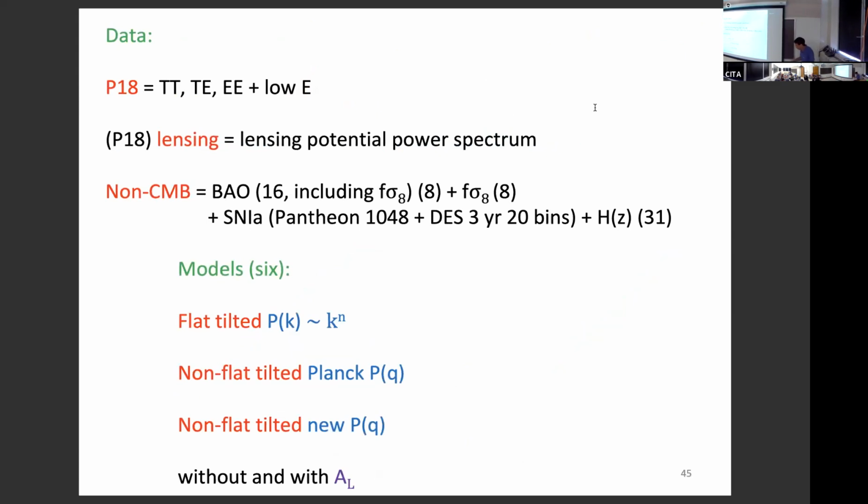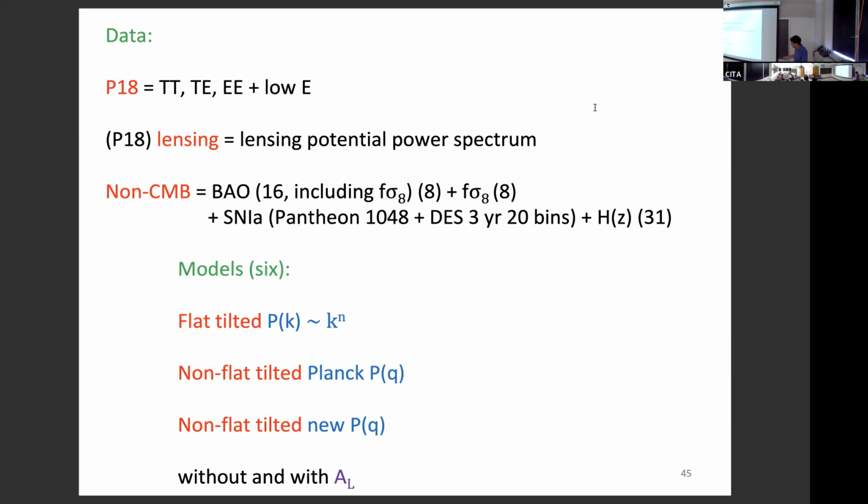So we're going to look at a bunch of data: TT plus TE plus EE plus low E, the CMB lensing, which we'll add in some cases, and a bunch of non-CMB data. So there's going to be 16 BAO. These 16 include 8 growth factor measurements and 8 other growth factor measurements, and 148 Pantheon supernovae, 20 bins of the DES 3-year supernovae, and these 31 Hubble parameter measurements.